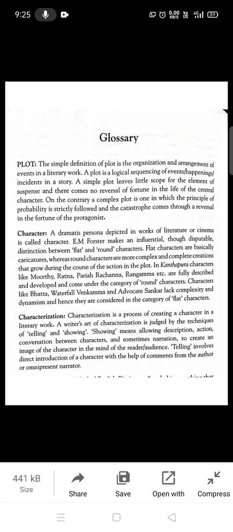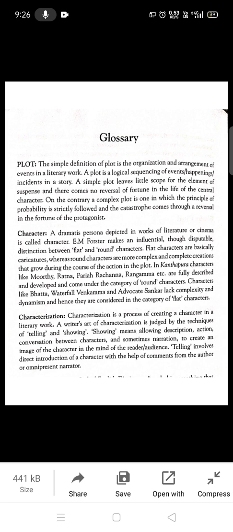But what is the way to tell a story? We find that in various literary genres like fiction, plays, and in movies as well, there is a particular way of telling the story. And this particular way of telling the story is plot.